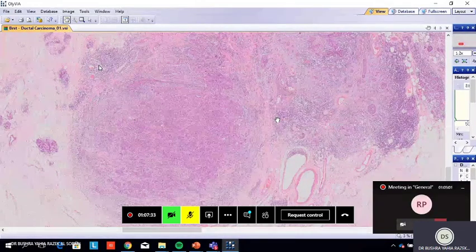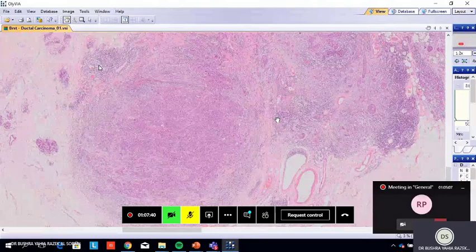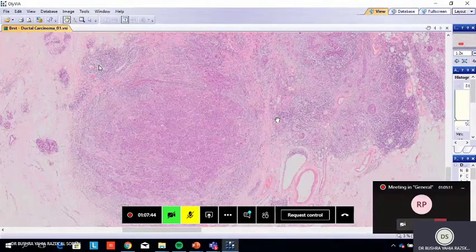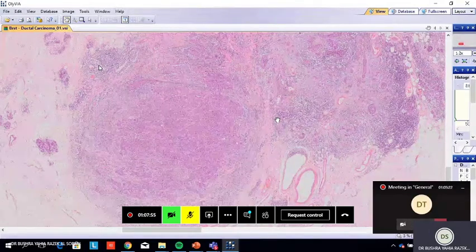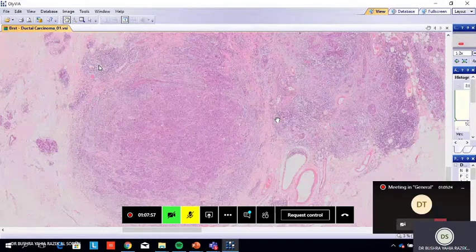It can stay the same size even for 10 years or more than 10 years, not increased. But if it is a malignant tumor, it will increase. So the rate of growth is slow in fibroadenoma. In ductal carcinoma it is fast growing, isn't it?